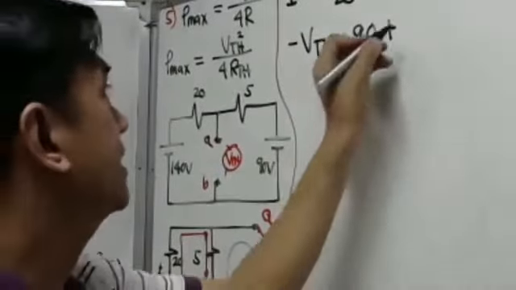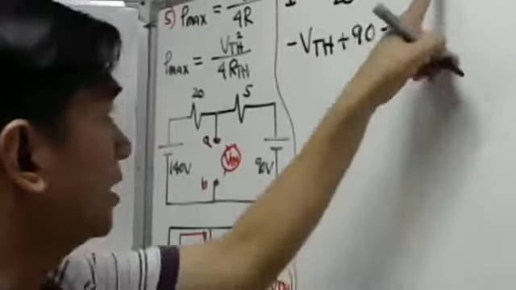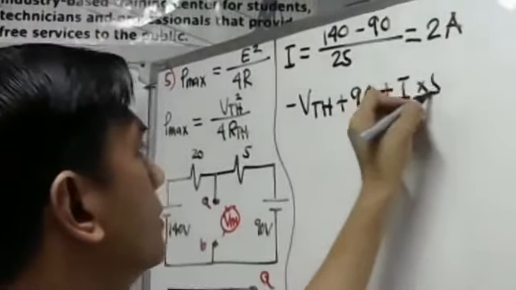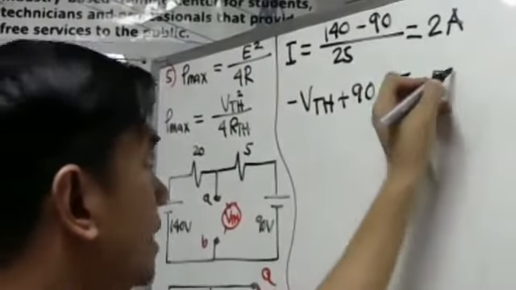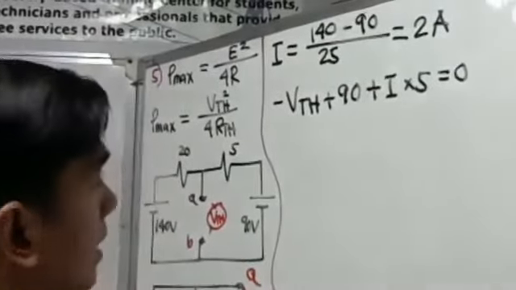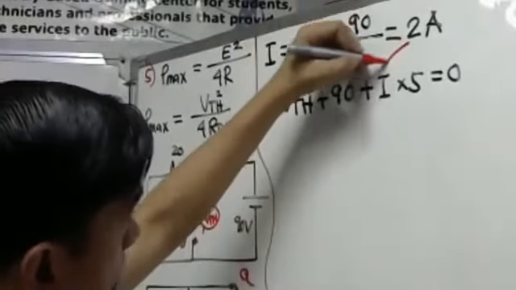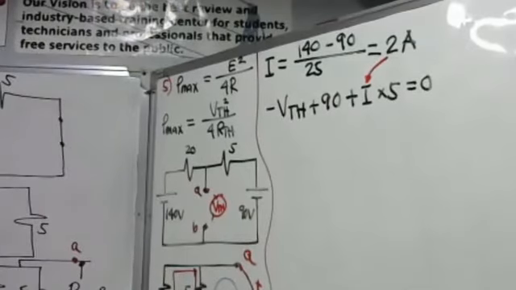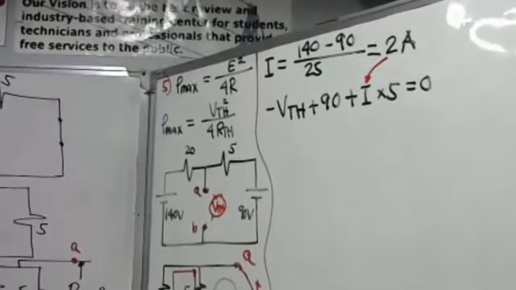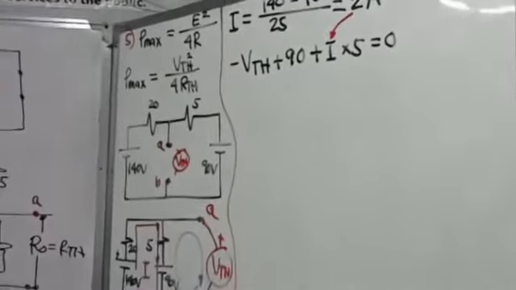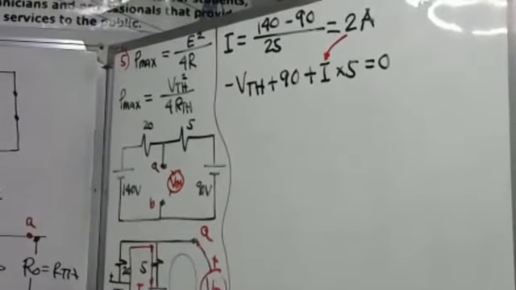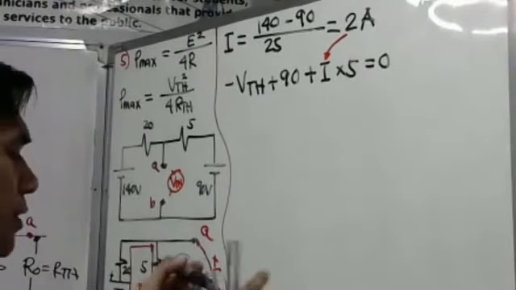So, that is simply current I, which is equal to 2 amperes, multiplied by the 5 ohm resistor, equal to 0. We can now substitute our 2 here. Therefore, our VTH is 90 plus 2 times 5, so that is 100 volts. The VTH is 100 volts.